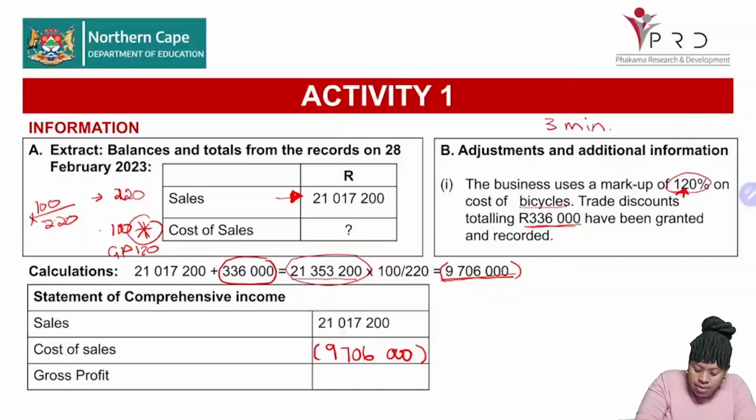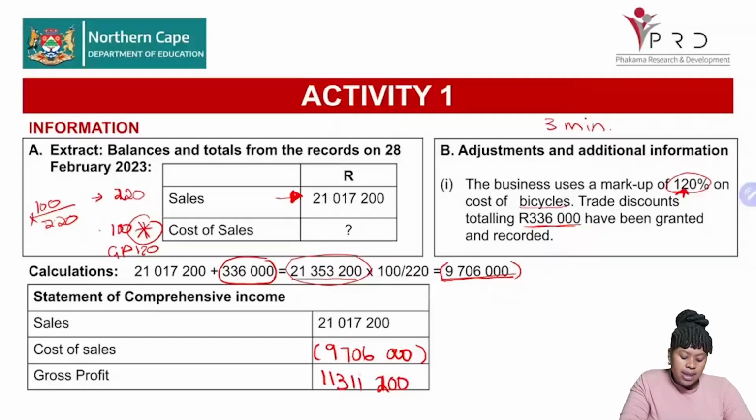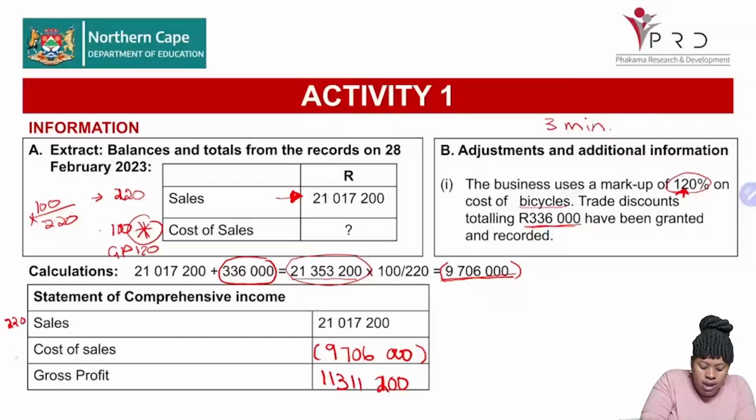Then I will find 131,120. So that is how we calculate. Remember, your sales is going to be the cost of sales amount plus your markup. The cost of sales is always 100 and your markup is 120. When you add these two, it should give you that amount.